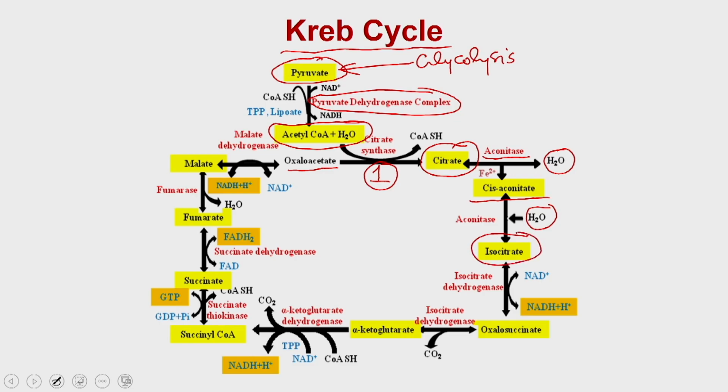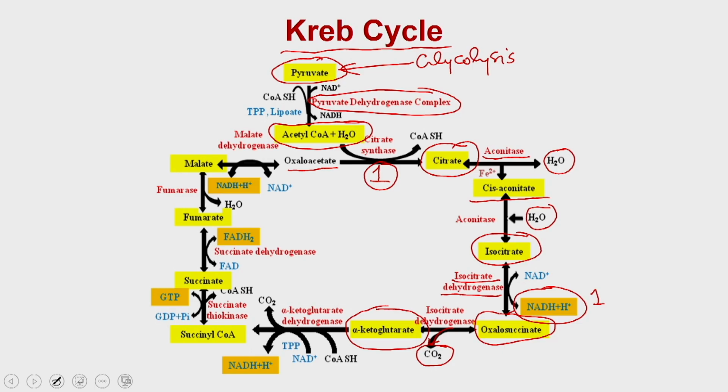Now, this isocitrate is used by isocitrate dehydrogenase, and in this reaction the isocitrate is converted into oxalosuccinate and one molecule of NADH is produced. This is the first NADH produced in the Krebs cycle. After the oxalosuccinate, there is a decarboxylation reaction, and it loses one molecule of carbon and gets converted into alpha ketoglutarate.